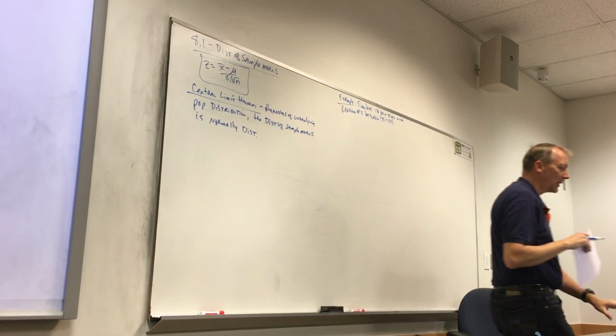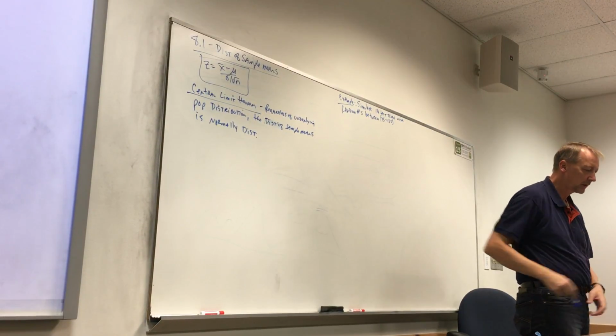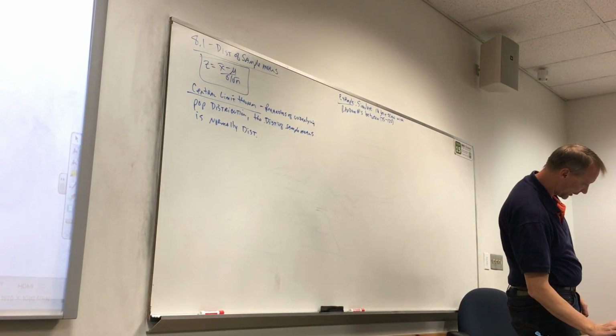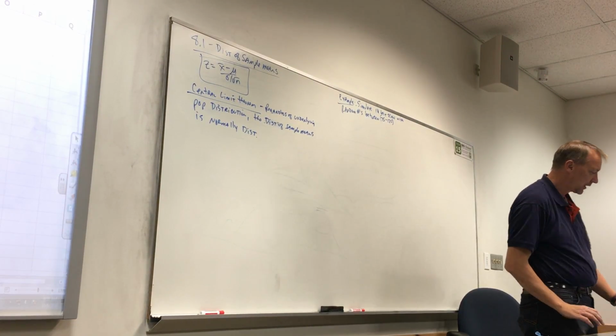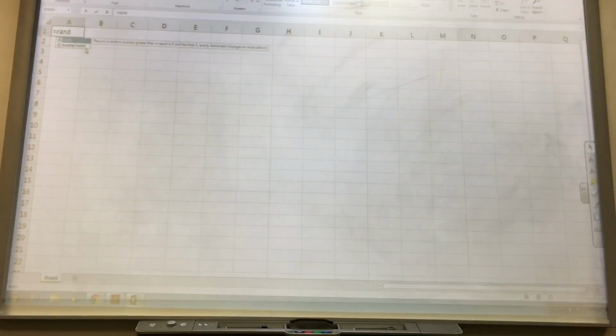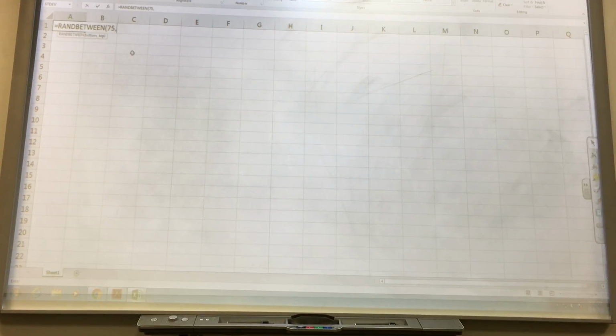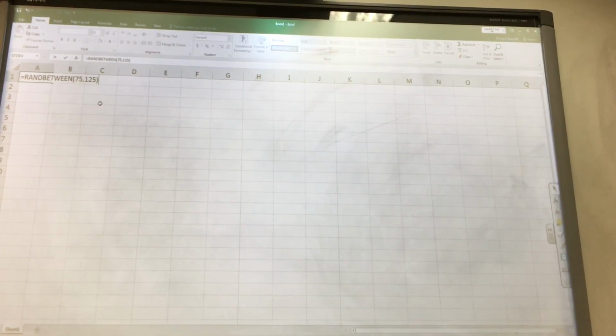So I'm going to do that right now. You guys can follow along if you want, although obviously you'll get different numbers than I will. I'm going to use the command equals rand between, and I'm going to pick 75, 125. Just like that.